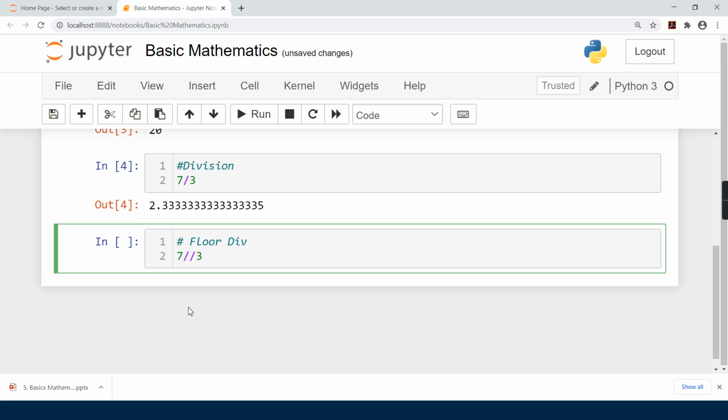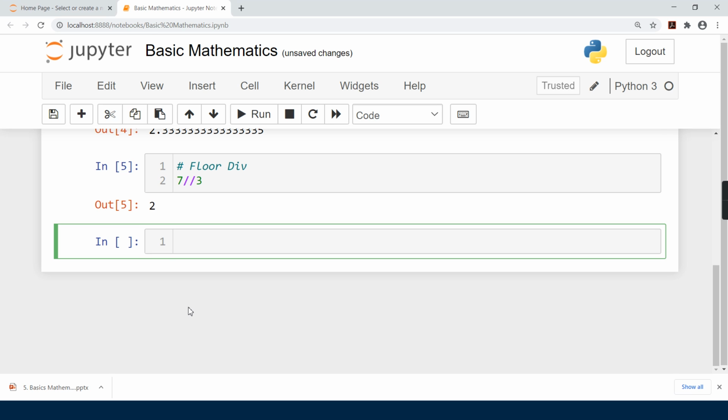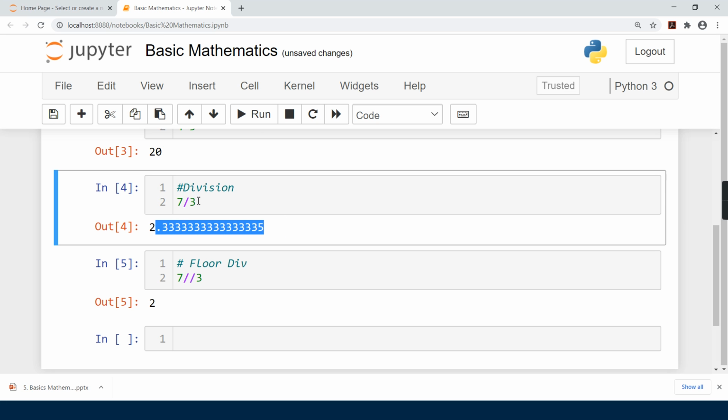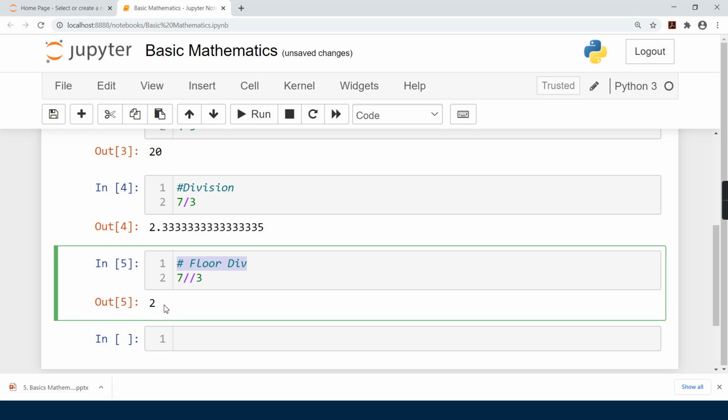So 7 forward slash 3. Now you can see something very interesting. When you do a floor division, Python is going to ignore the remainder part of it, so it's going to ignore the decimal piece. Here we saw 7 divided by 3 is actually 2.333, but when we do a floor division, it simply gives the value as 2.